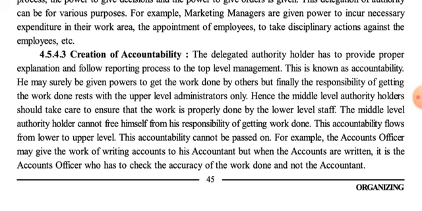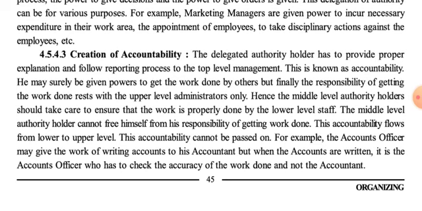Hence, the middle level authority holders should take care to ensure that the work is properly done by the lower level staff. The middle level authority holder cannot free himself from his responsibility of getting work done. This accountability flows from lower to upper level.